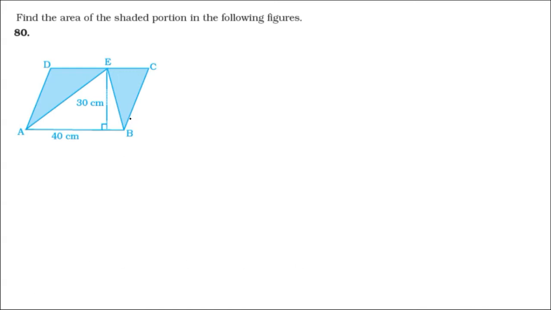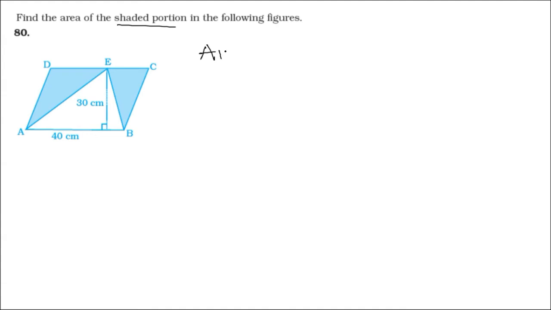Question number 80. Again, we need to find area of the shaded portion. Here, the dimensions of the triangles, which are shaded, are not given. But unshaded portions, dimension is known. So, from this parallelogram ABCD, if the triangle ABE is subtracted, we get the area of the shaded portion.